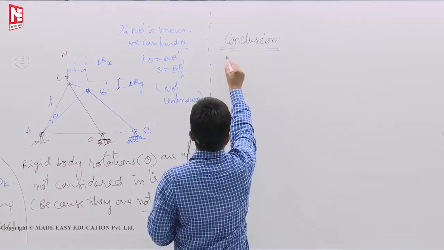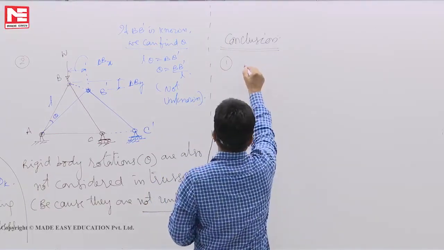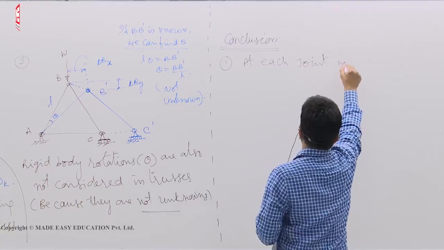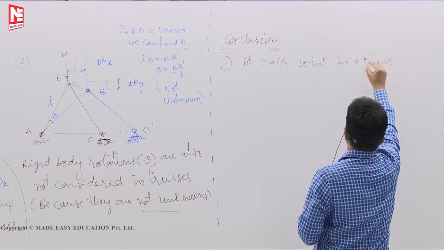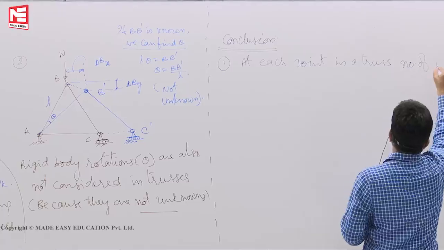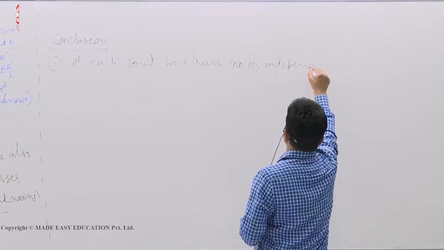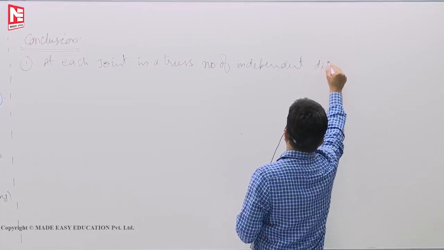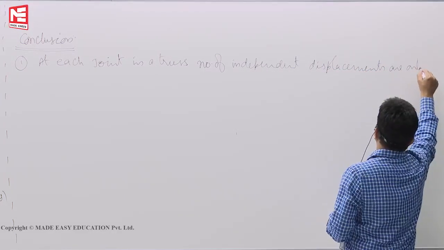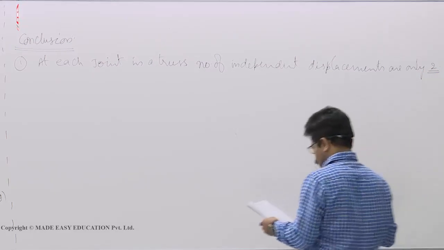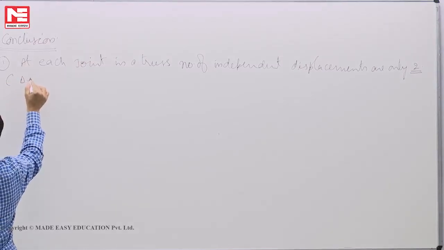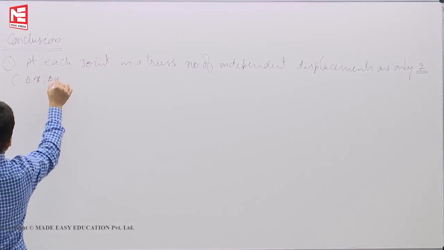So, now you write the conclusion. At each joint in a truss, the number of independent displacements are only two. What are they? Delta x, delta y.